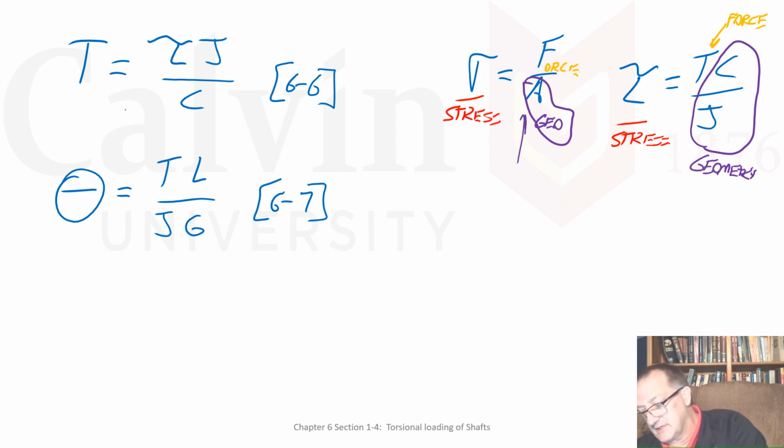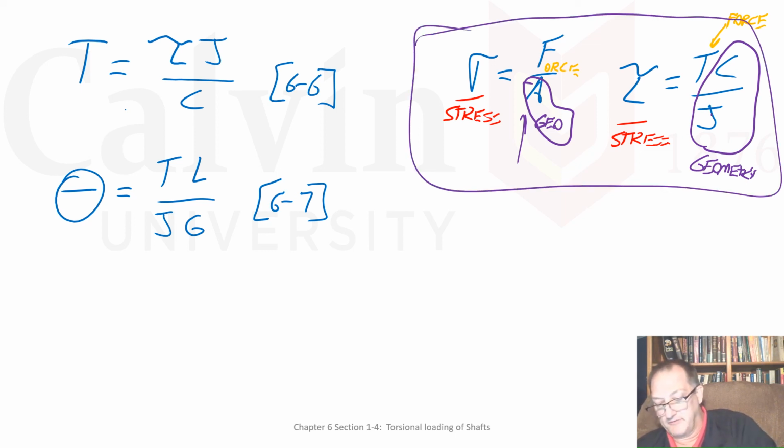J is units of length to the fourth, and then I've got a C here, so that's a unit of length, so that's going to cross out one, and torque has a unit of length in it, so that crosses another. So I'm canceling two of those, and all my units work out. But you can see the parallels now between chapter 5 and chapter 6, and they don't end there.